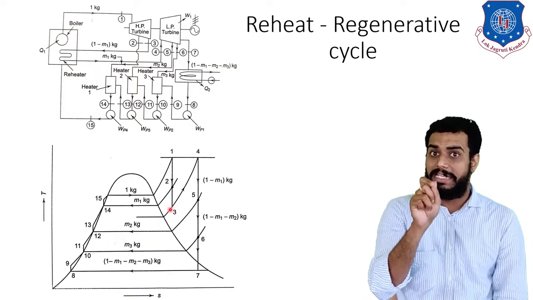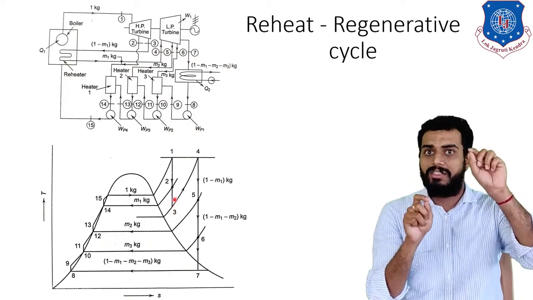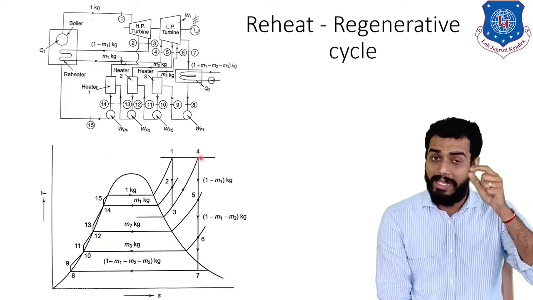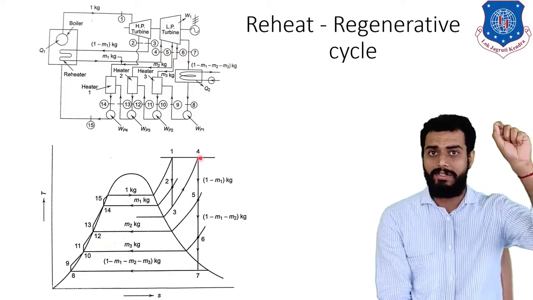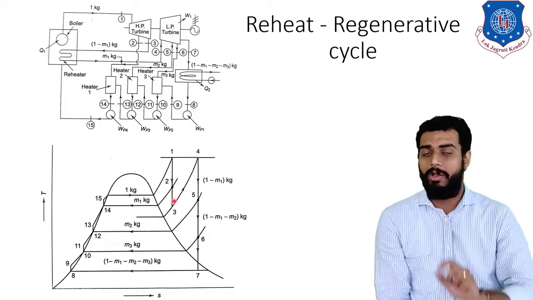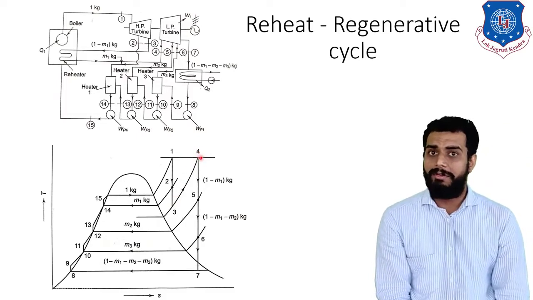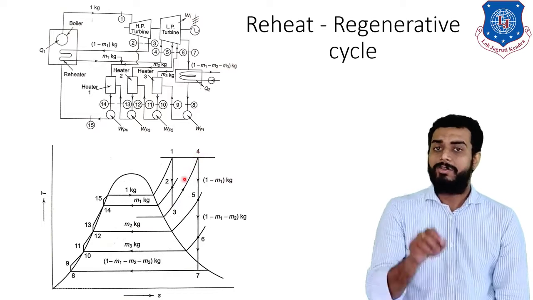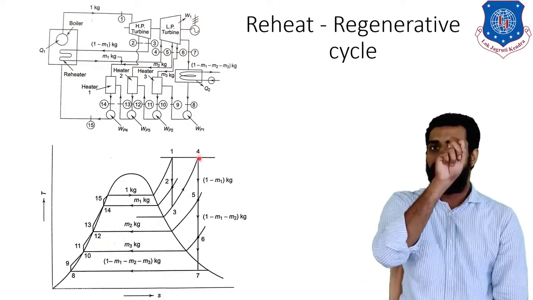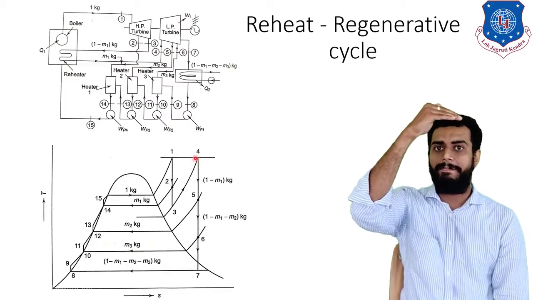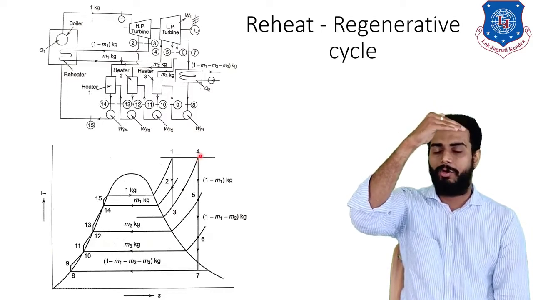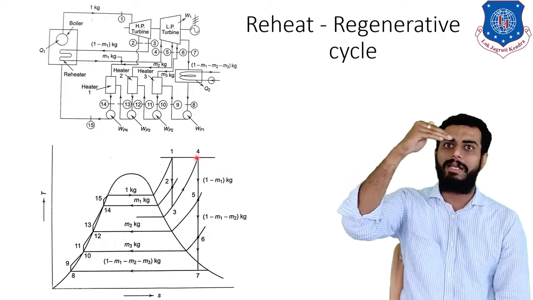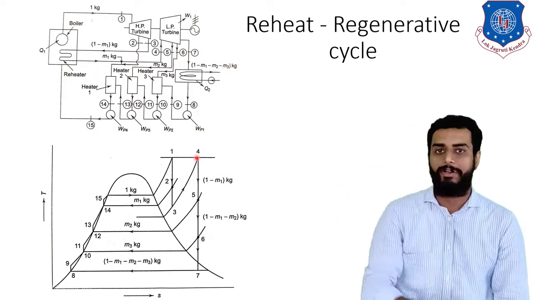So now you can see on the TS diagram, this reheating is taking place at 3 to 4 process, right? And you can see on the block diagram also that in between 3 to 4 your steam is in boiler, right? So now again you are reheating the steam to the previous high temperature, that is point number 4. Remember students, temperature of point 4 and temperature of point 1 are same, but the pressures are different.